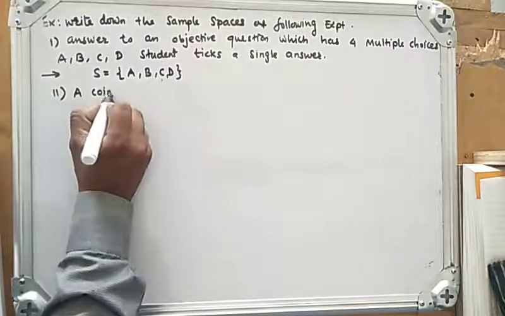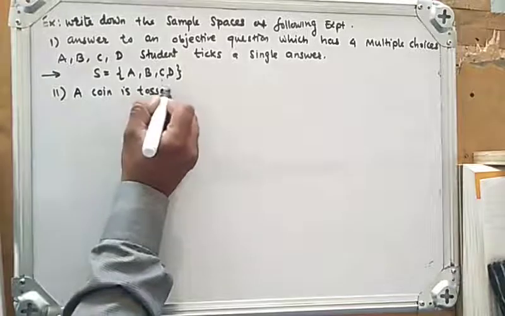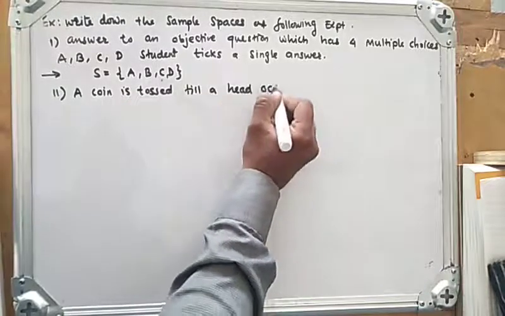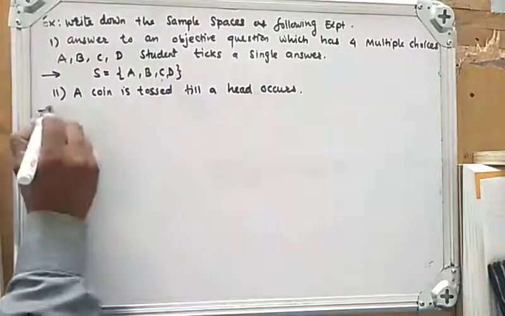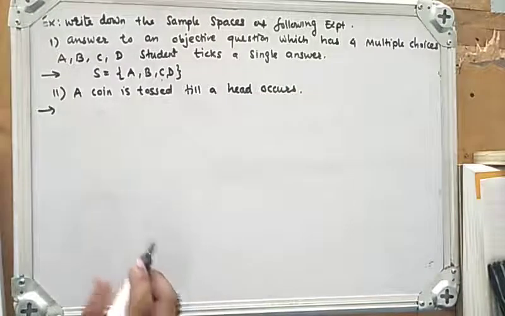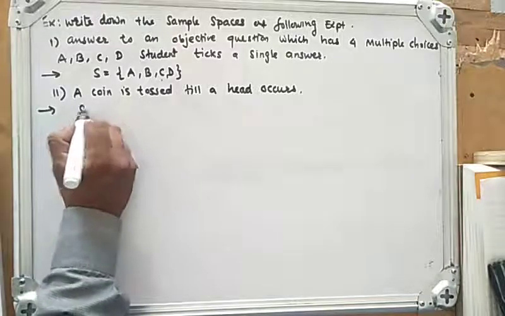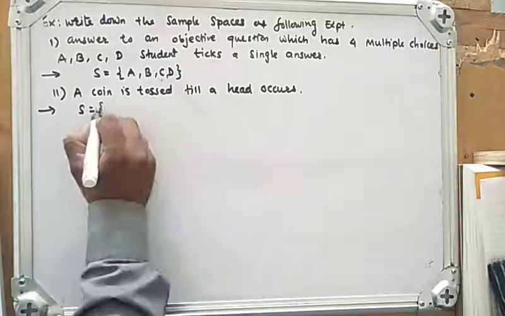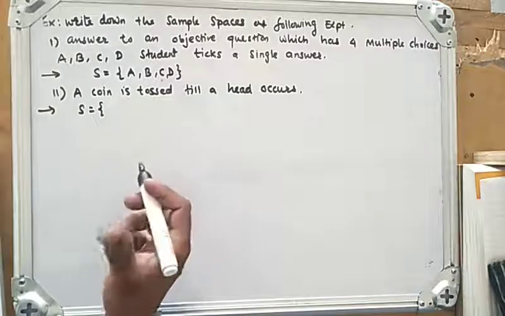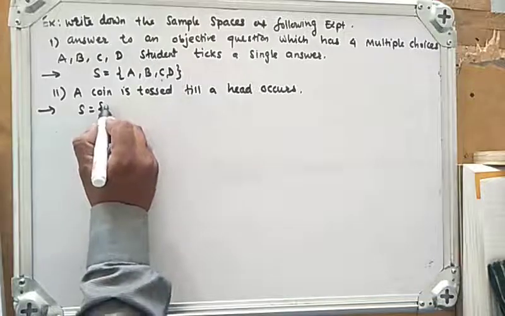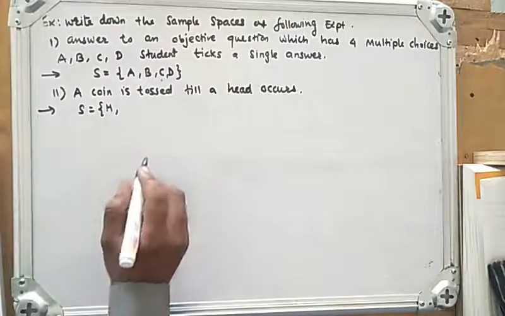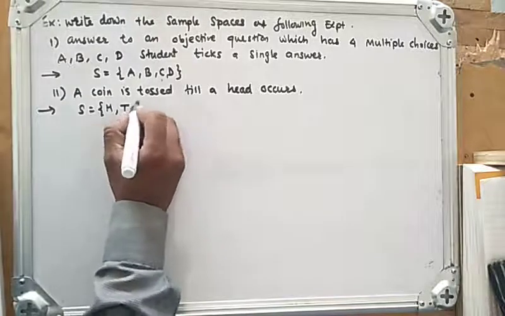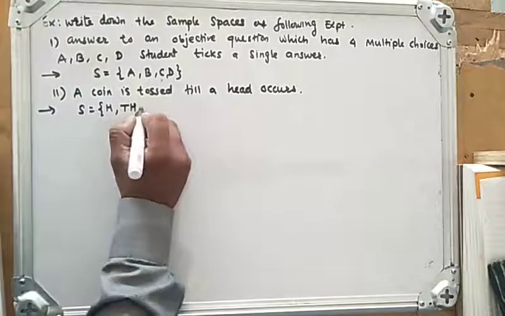What is the sample space here? If I toss a coin until a head occurs, first, if I toss one coin and a head occurs directly, then we get H. Next I toss two coins: first a tail occurs and then the second time a head occurs. Then I stop here.